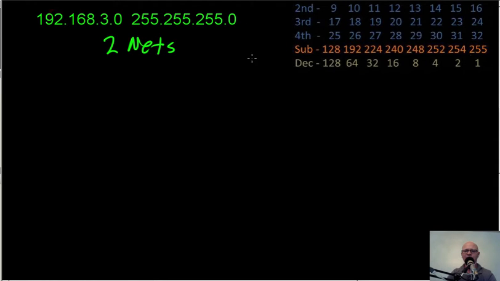The more efficient method to write it is /24. You might have seen it written like that, which basically means there are 1, 2, 3, 4, 5, 6, 7, 8, 1, 2, 3, 4, 5, 6, 7, 8, and 8 again. So basically there are 24 ones followed by 8 zeros. /24 just tells you that there are 24 ones.